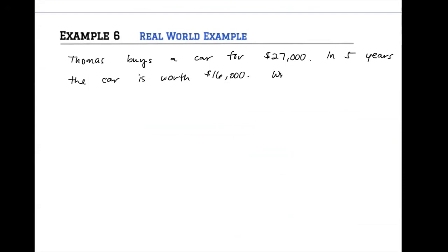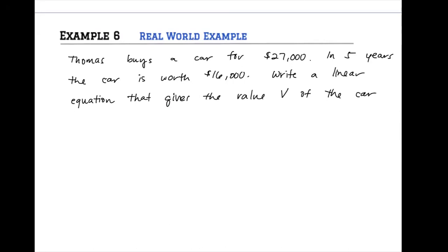Write a linear equation that gives the value V of the car after T years.